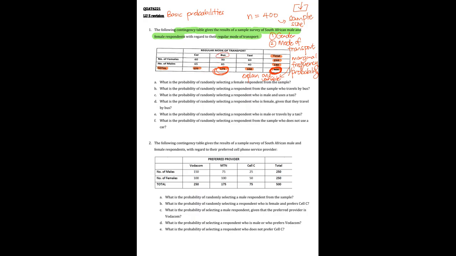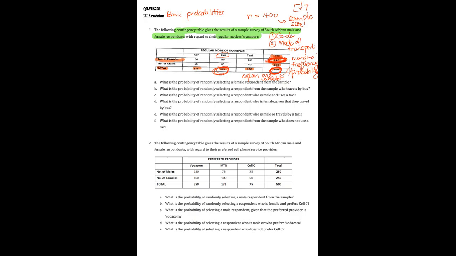Or even if you take the number 210 here at the top corner, it is 210 of the 400 people that are female. So the way in which you read the values in those total rows and those total columns, and I'll even look at the one at the bottom.